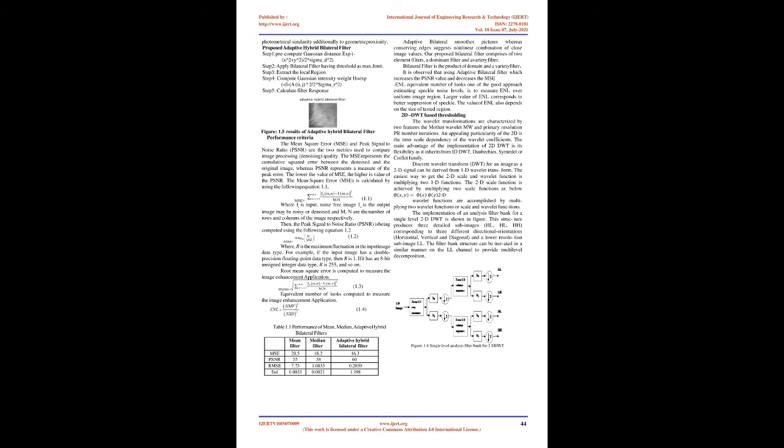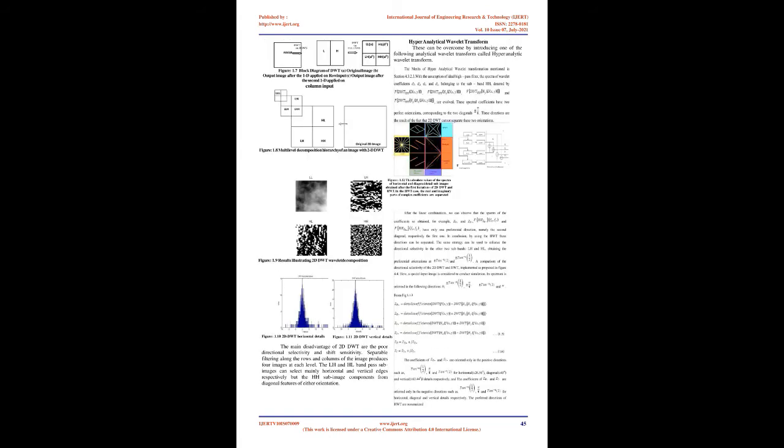The image denoising algorithms can be broadly classified into spatial domain filtering methods and transform domain filtering methods. Traditional smoothing filters such as mean and median filters are normally employed in the spatial domain.